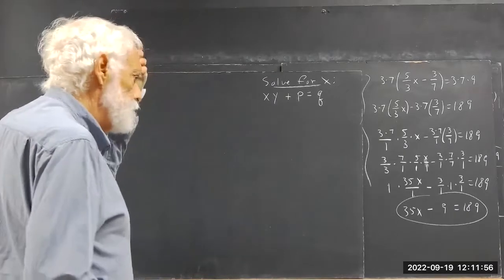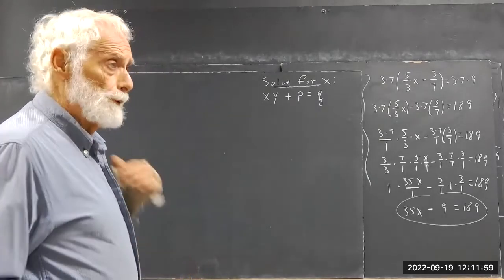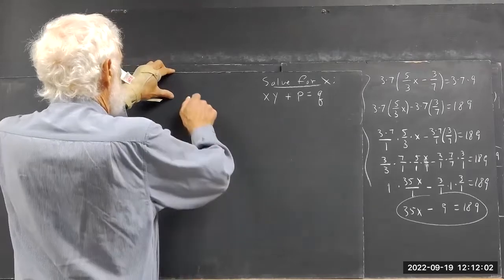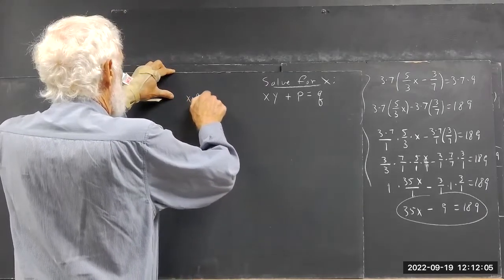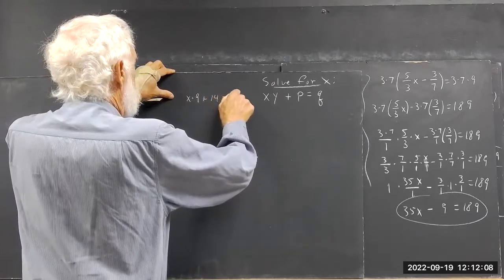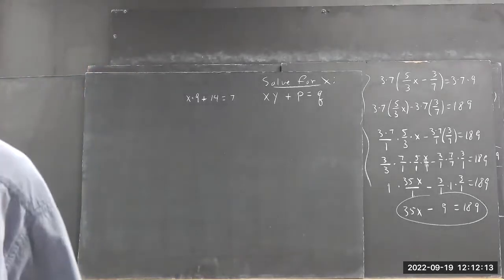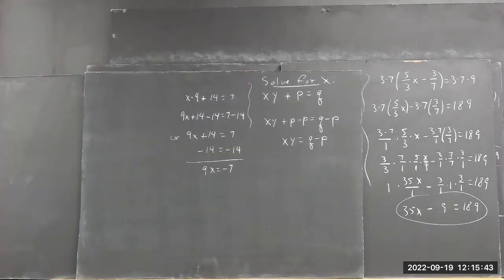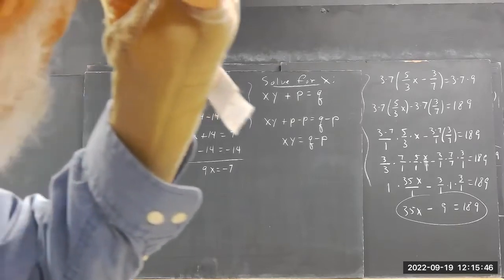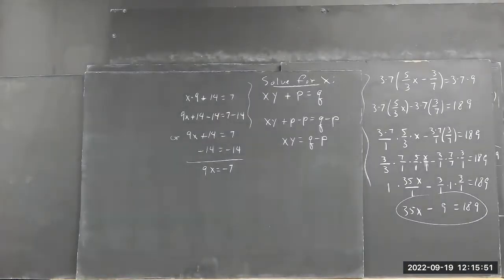If you have, let's just think of what you could do if these were numbers. If this was this, what's the first thing you would do? In terms of operation.